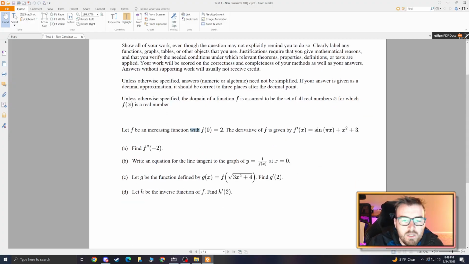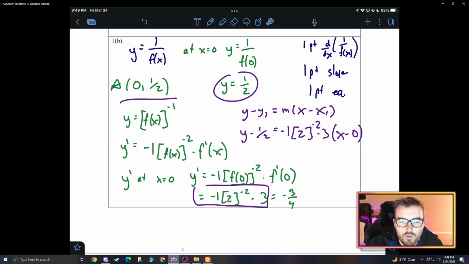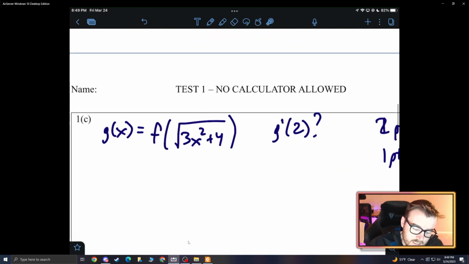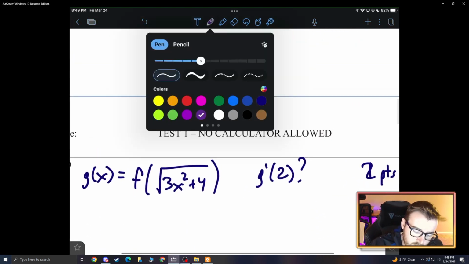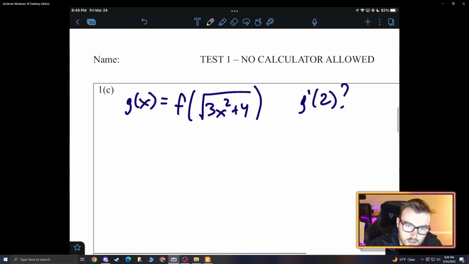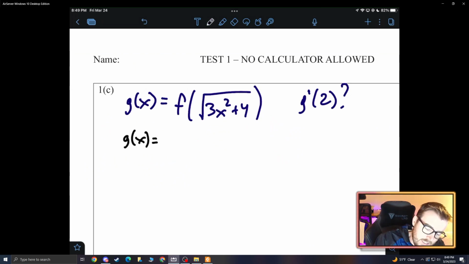Let g be the function defined by g of x equals f of this messy square root. Find g prime of 2. So we want to take the derivative of this function. Now, I'd like to rewrite this slightly.